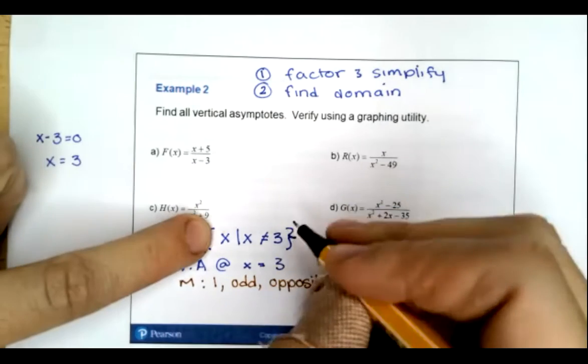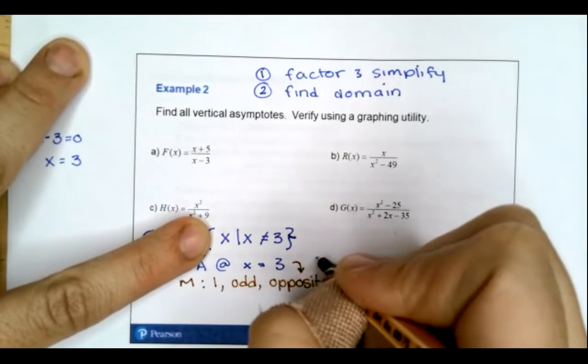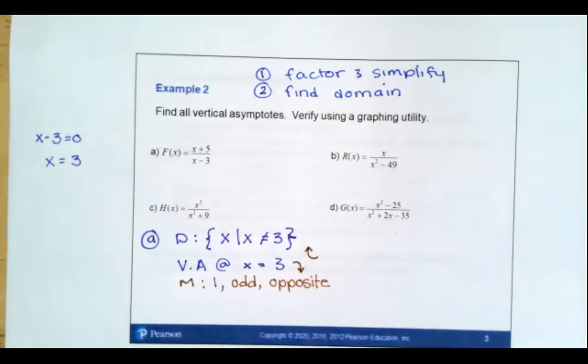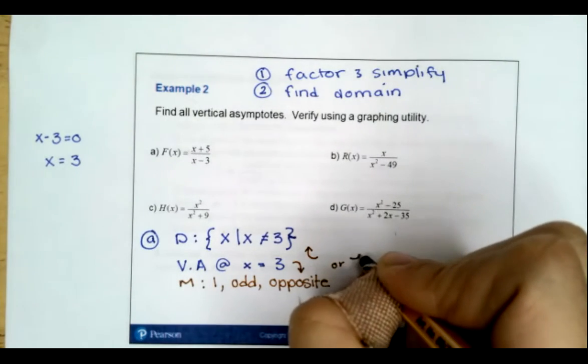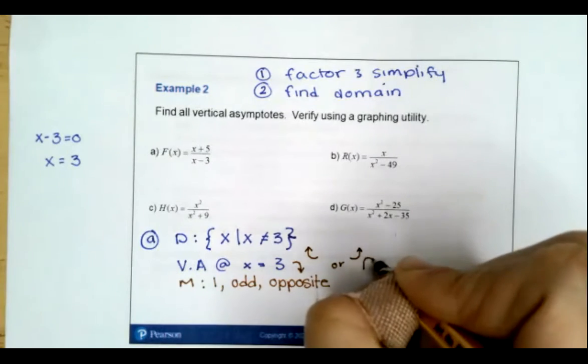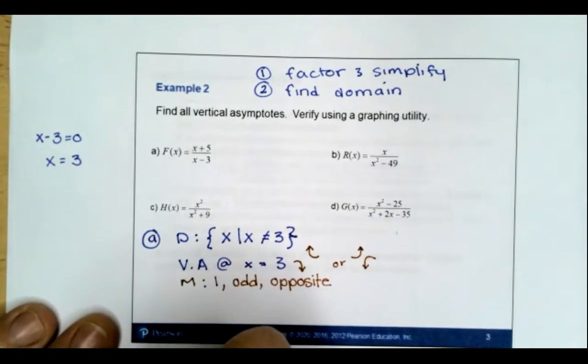So at x equals positive 3, we're going to see something like this, or that. Those are our two options. Good. That's what it means by opposite. One's going up, the other's going down.